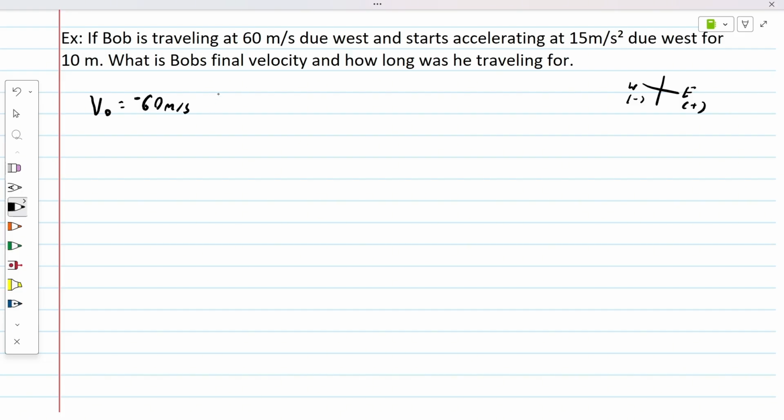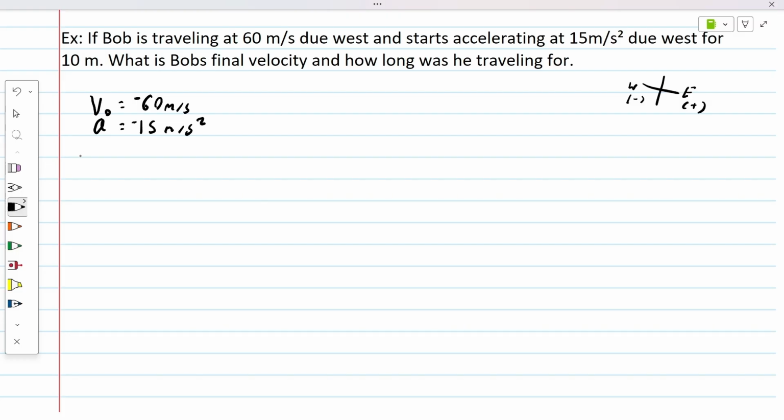We also know that he starts accelerating at 15 meters per second squared due west for 10 meters. So his acceleration is equal to 15 meters per second squared. And since that's also due west, we'll have it in the negative direction. And then finally we're given that it's for 10 meters.